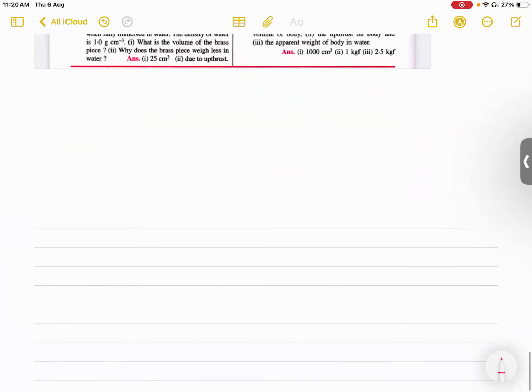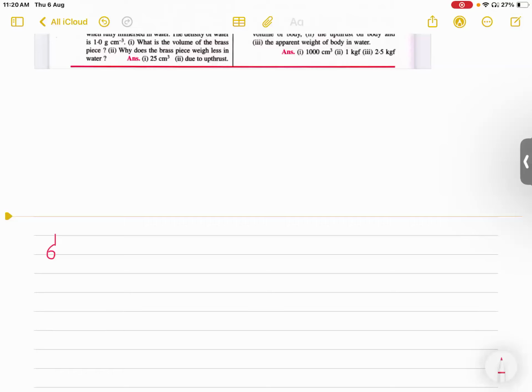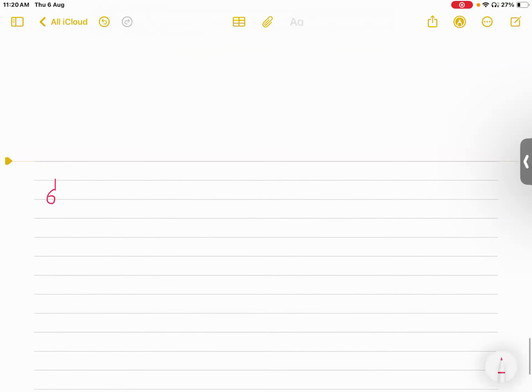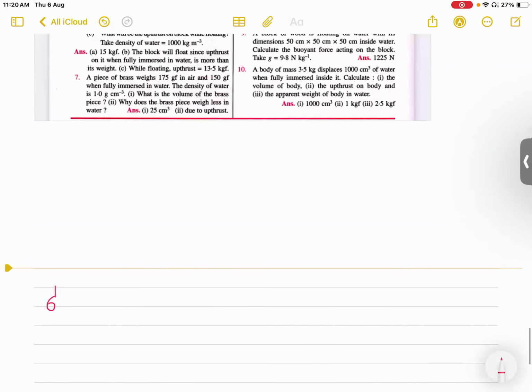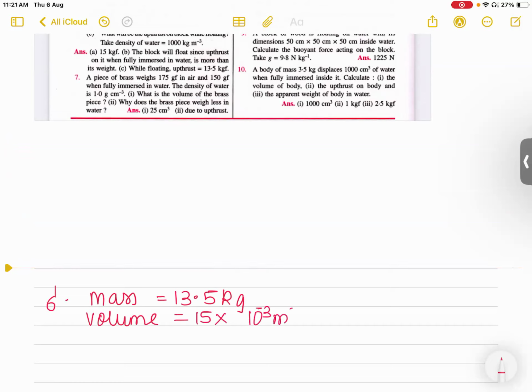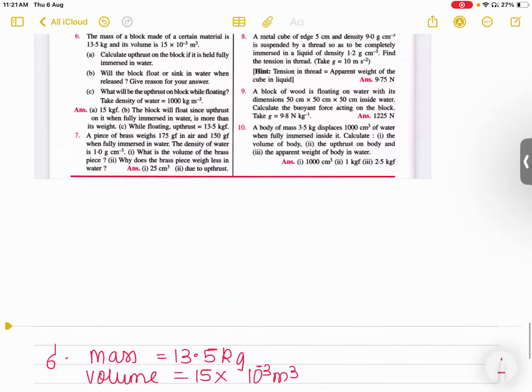So we have the mass given for the sixth one, and they have given us the volume. The mass of the block is 13.5 kg and the volume of that block is 15 into 10 raised to minus 3 meter cube. This is the volume given to us in the question.